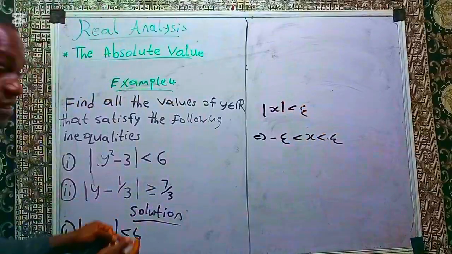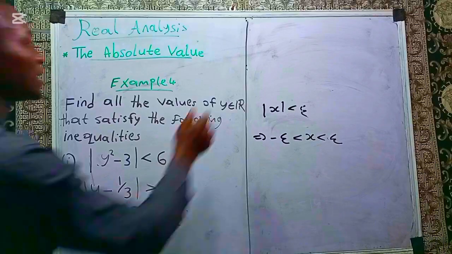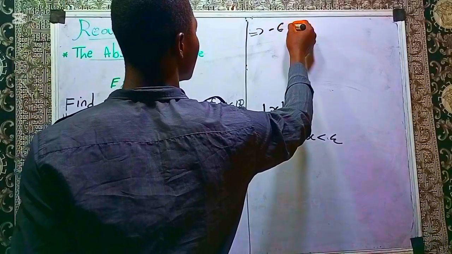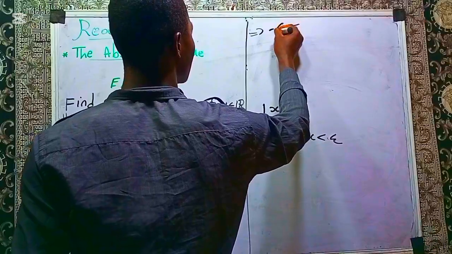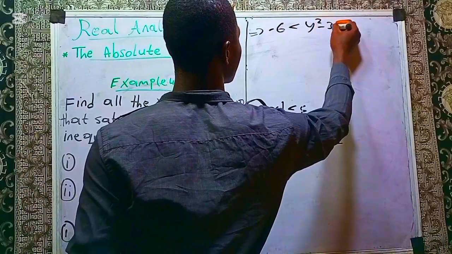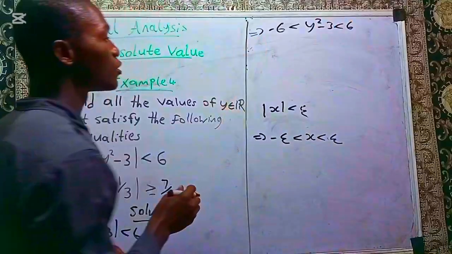So here 6 is our epsilon. So this quantity inside this absolute value will lie between negative 6 and positive 6. So this is what we are going to have.